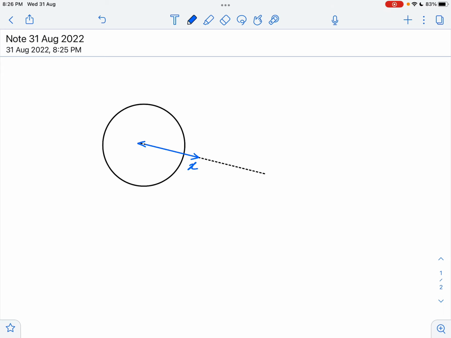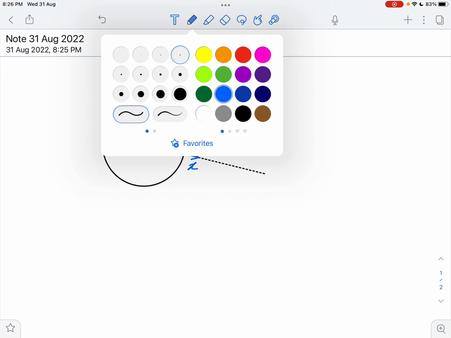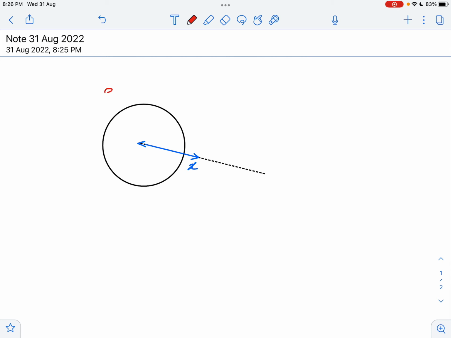And the charge is distributed uniformly. Charge Q, let's say positive charge Q, is distributed uniformly along the ring. So let's take an infinitesimal charge. We're gonna call it dq.